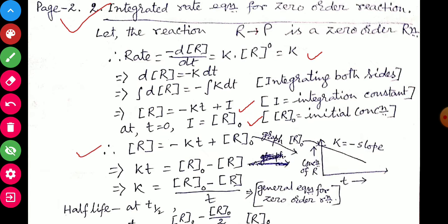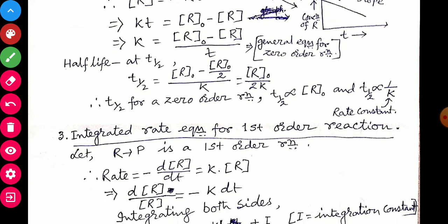Therefore, the equation takes the form [R] equal to minus kt plus [R]0. The graph is alongside, with the x-axis as time axis and the y-axis as concentration axis. The slope is negative. Therefore, k equal to [R]0 minus [R] by t, which is the general equation for zero order.